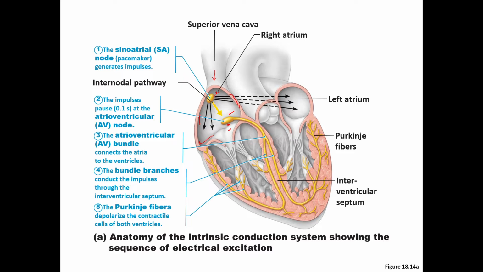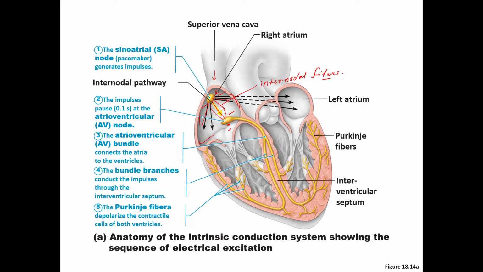Now, from SA node to AV node, how the signal, electrical signal goes. There are fibers, those are called internodal fibers. Inter means in between, right? Internodal fibers take the signal, electrical impulse from SA node to the AV node. And also, when the electrical impulse is produced in SA node, the signal spreads to the wall of the atrium.